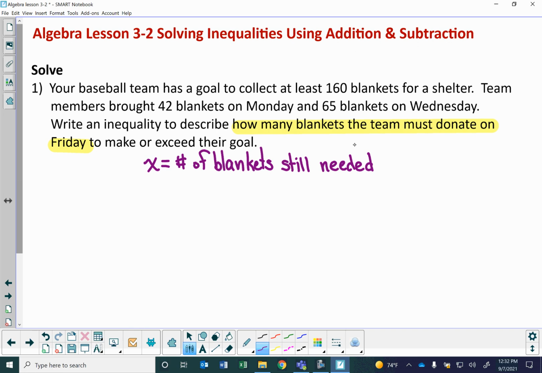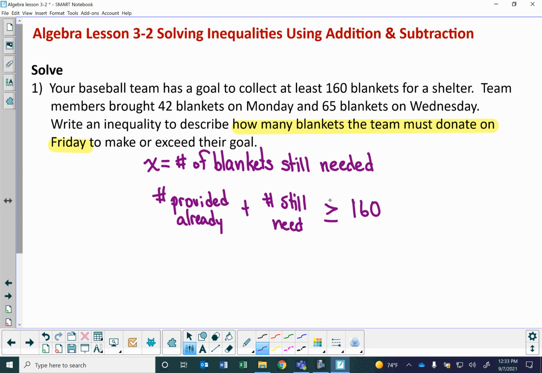Okay, so the number of blankets that your team already provided, plus the number you still need, needs to make or exceed, needs to be greater than or equal to 160.